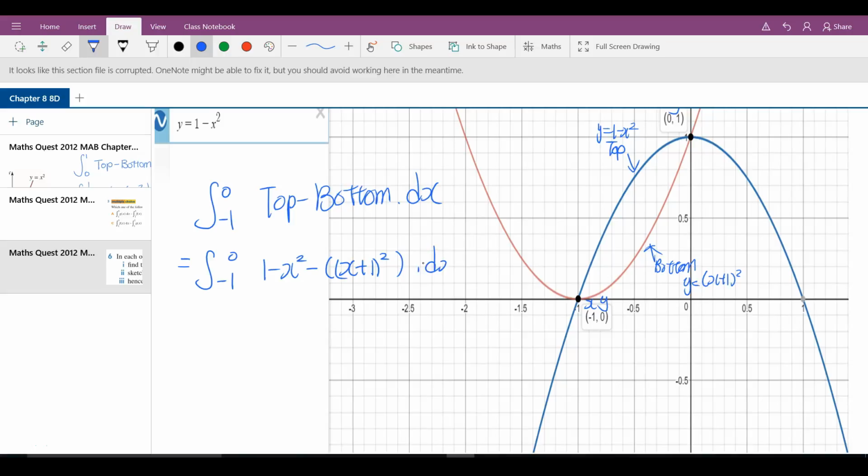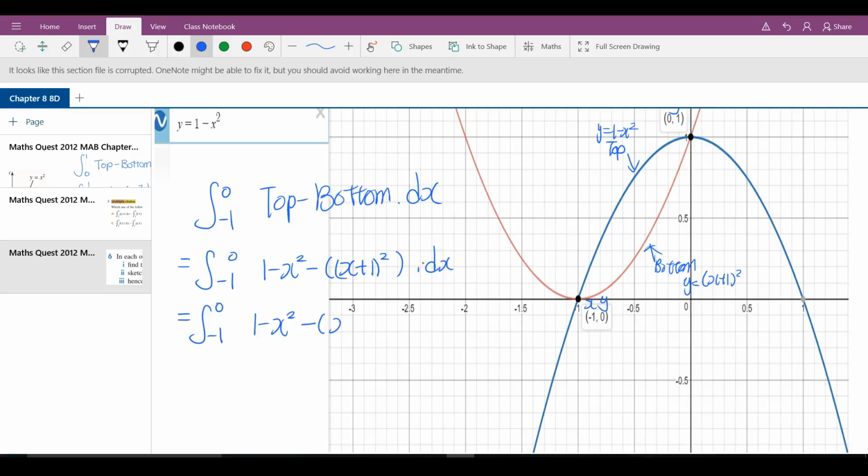Alright, oh, this one's a bit interesting. So we need to expand the bracket first. Hopefully you still all remember how to expand binomial functions. Sorry, perfect square, which follows the binomial sequence, the Pascal triangle.